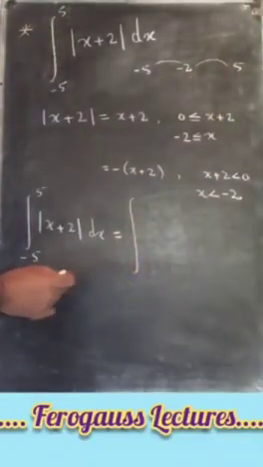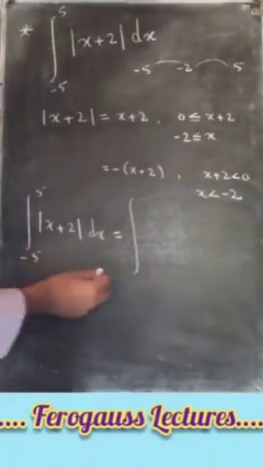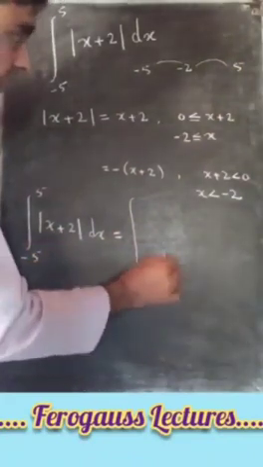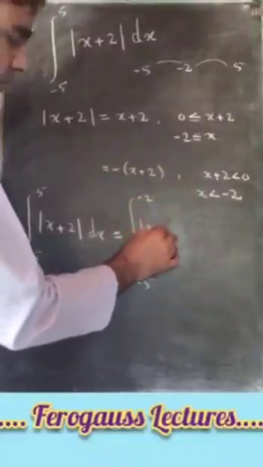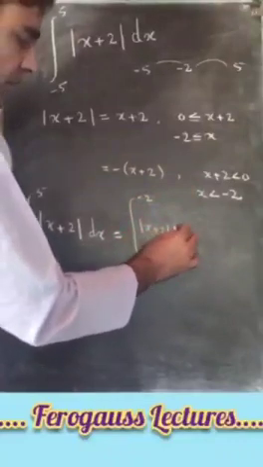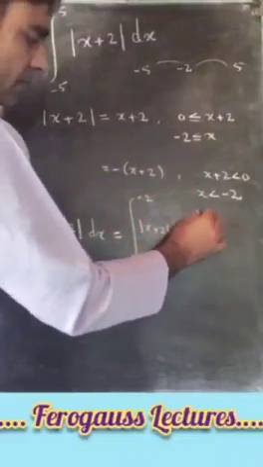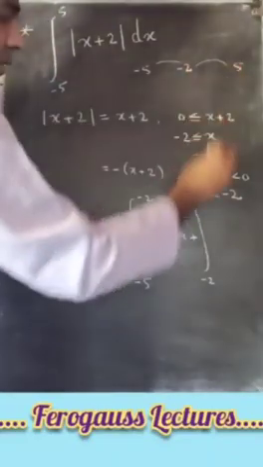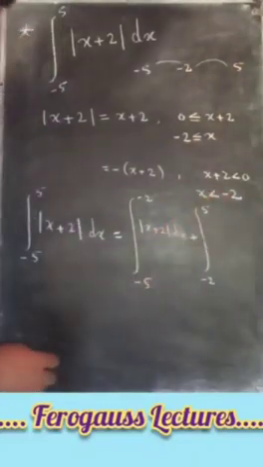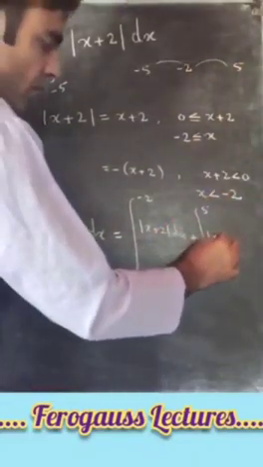Okay, so we can break this as the integral from minus 5 to minus 2 of mod of x plus 2 dx plus the integral from minus 2 to 5 of mod of x plus 2 dx.